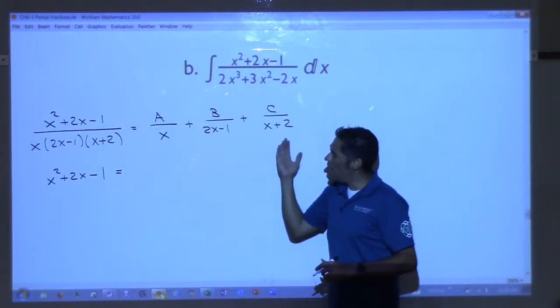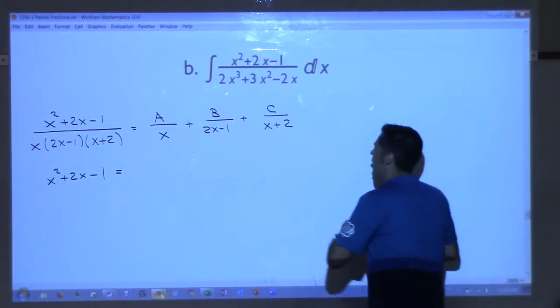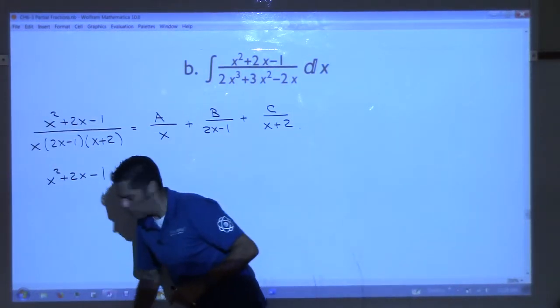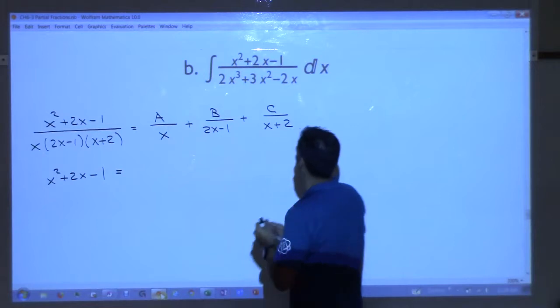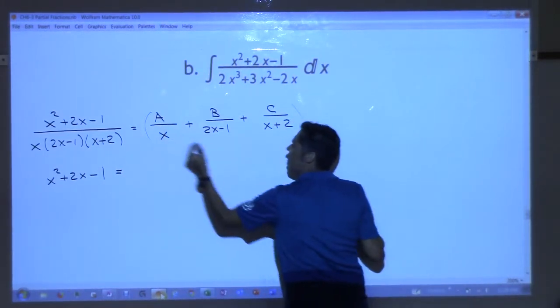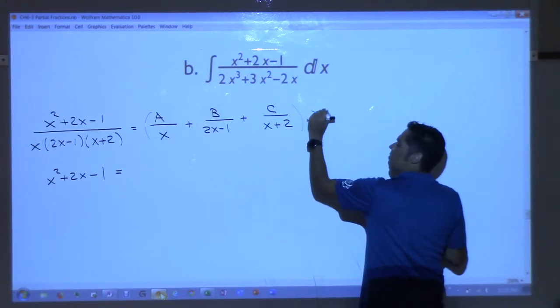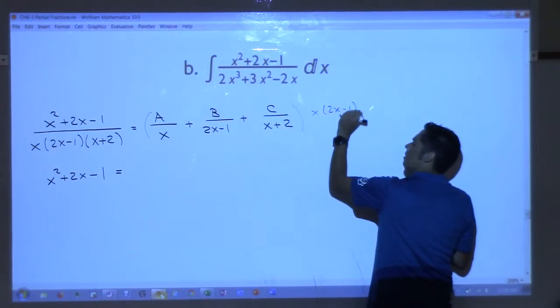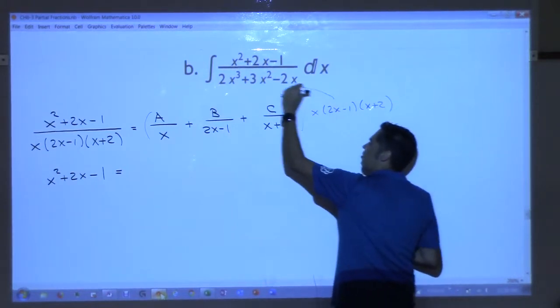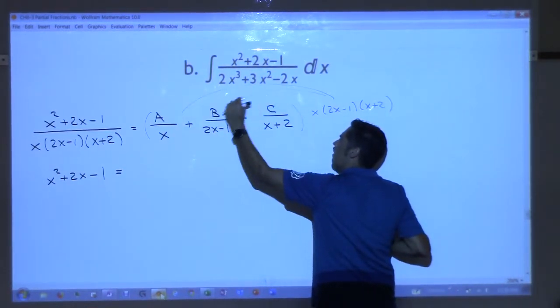And then the right side, I'll go ahead and put it in here, just maybe on this first one. We're multiplying this side by x times 2x minus 1 times x plus 2, right? And that gets distributed here, and here, and here.